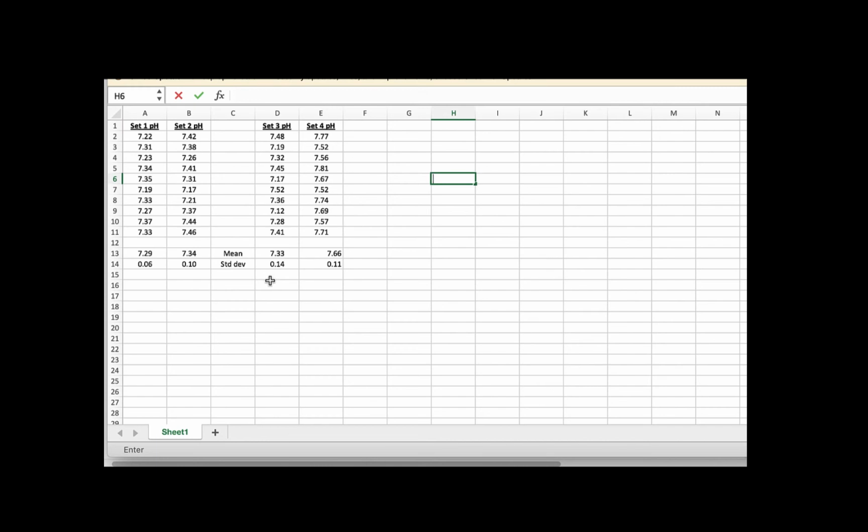So pause the video, do the F-test, and then we'll come back together in just a moment. Okay, so hopefully when you calculated the F-test, you found that you can't pool these data, and then you probably said, wait, I can't do the t-test yet because I don't have the same kind of situation that I had before. So let's switch back over and see how to handle it.